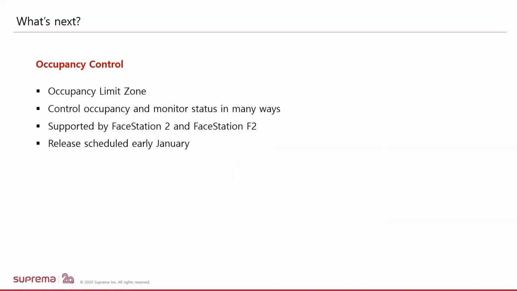We'll provide a traditional configuration screen for settings that can be used by the operators, but we'll also provide a full screen that you can put on a monitor or a television in front of that zone's entrance. Also, we're going to show the status directly from the device. We're planning to support this starting with the FaceStation 2 and FaceStation F2 first, because we think these are the devices that will have the most need for this feature.